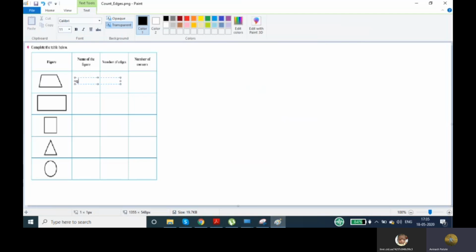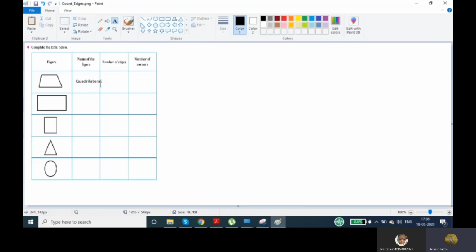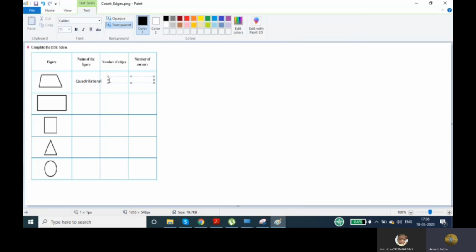We are going to write this is a quadrilateral. So this is a quadrilateral, and now here we are going to mention the number of edges.